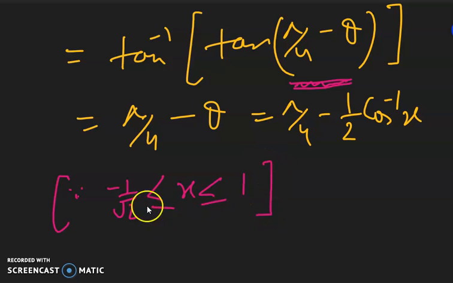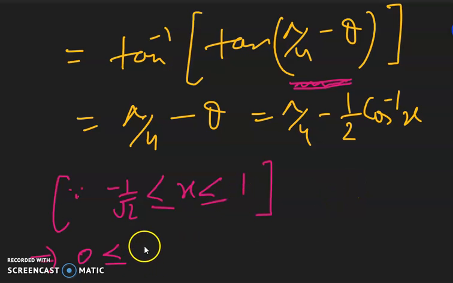Yes, and x I have taken as cos 2 theta. So that means cos 2 theta is in this range. And where is cos 2 theta 1? Cos 2 theta 1 is at 0. So 0 is less than, and we know that for cos inverse x, the range is 0 to pi.